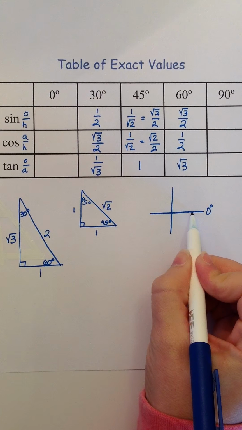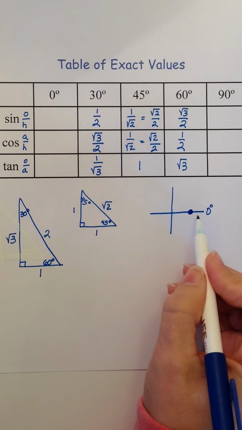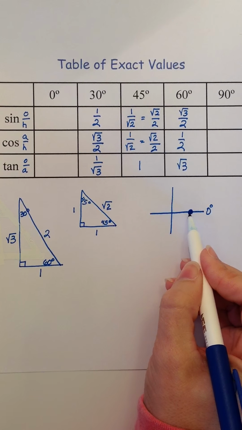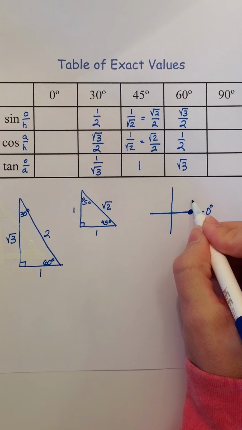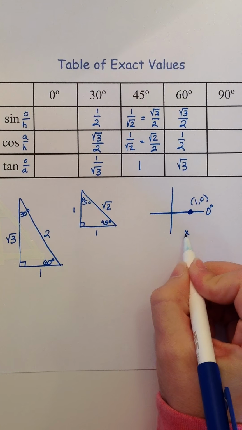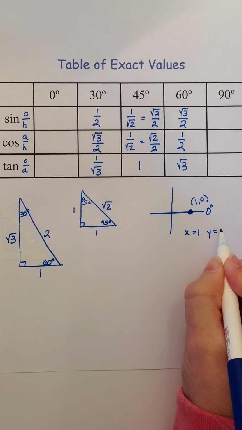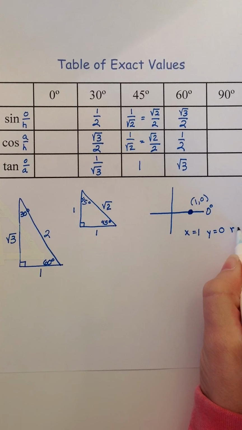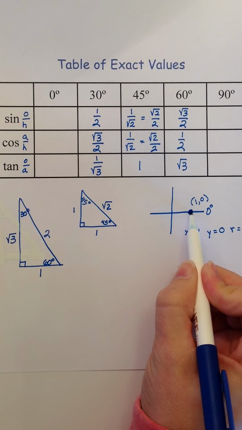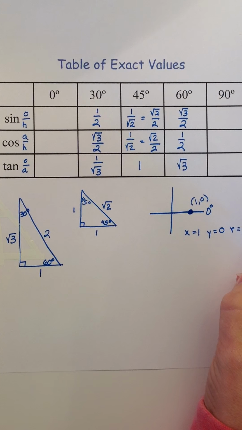So if you were to pick a point on the terminal side, of course there are numerous points you could choose, but again I'm going to keep it simple and say that we go a distance of 1, so that would be the point (1, 0). So x would be equal to 1, y would be equal to 0, and now what about r? If you remember, r is the distance from the origin to the point. So if that's the point (1, 0), the distance from the origin to that point would have to be 1.